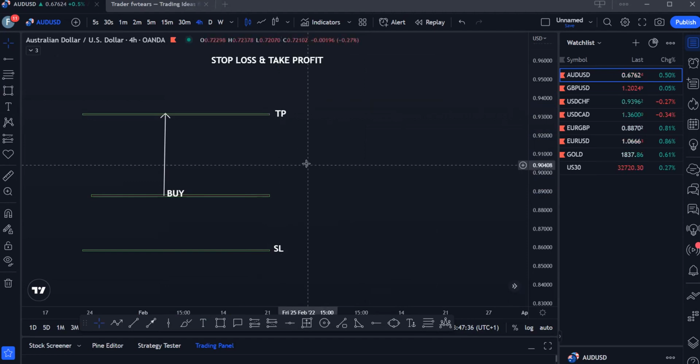All right, so when you are taking an entry, a buy or sell entry, you can use stop loss and take profit to automatically exit that trade. So take profit and stop loss are exit points on your particular trade. It is your exit price.